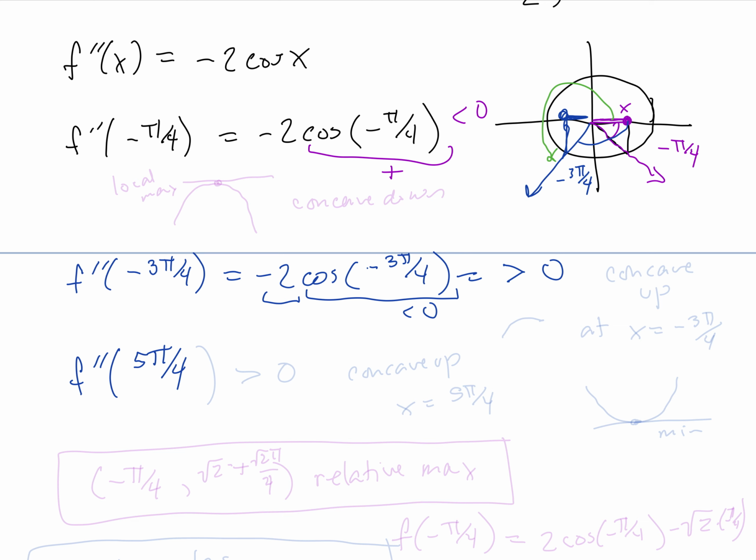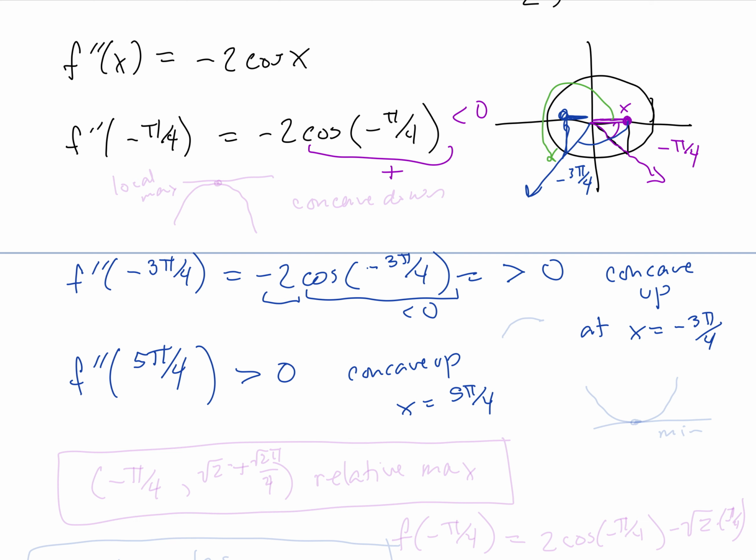And so f double prime of 5 pi over 4 is also going to be greater than 0. So we see that we're concave up at x equals negative 3 pi over 4. We're also concave up when x equals 5 pi over 4.